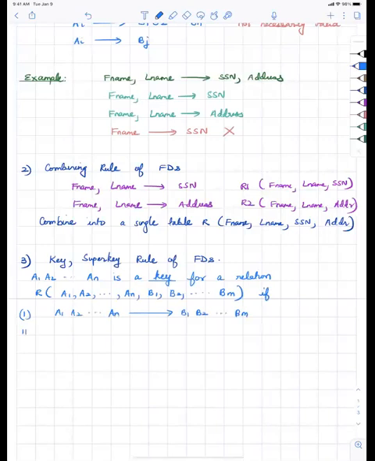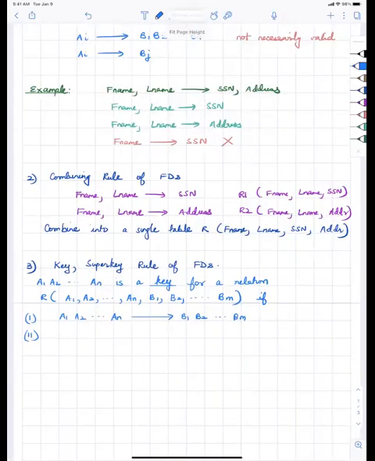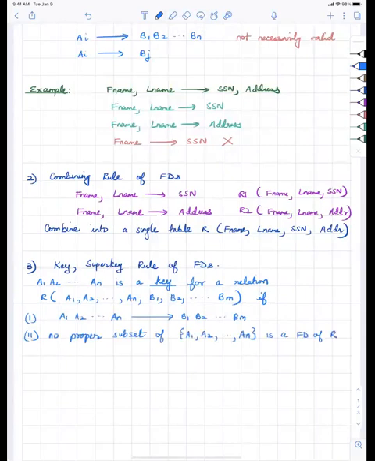And the second rule is that A1, A2 to AN is the smallest subset. You can't have A1, A2 determining B1, B2, and BN. So this is saying no proper subset of A1, A2, and so on to AN is an FD of R.